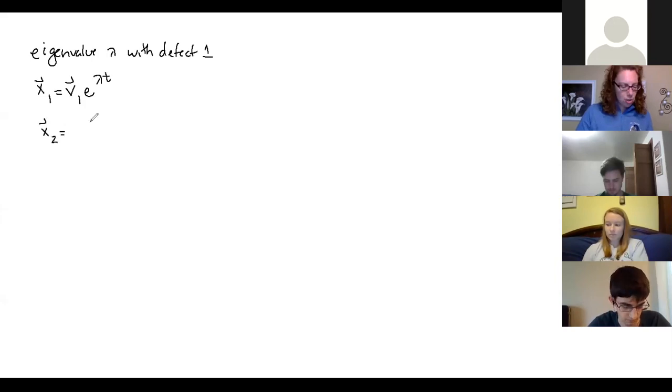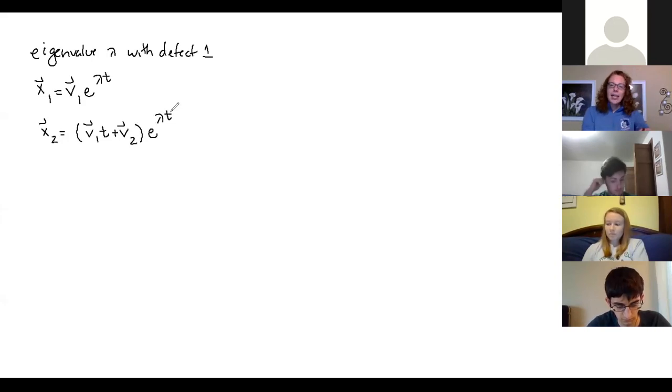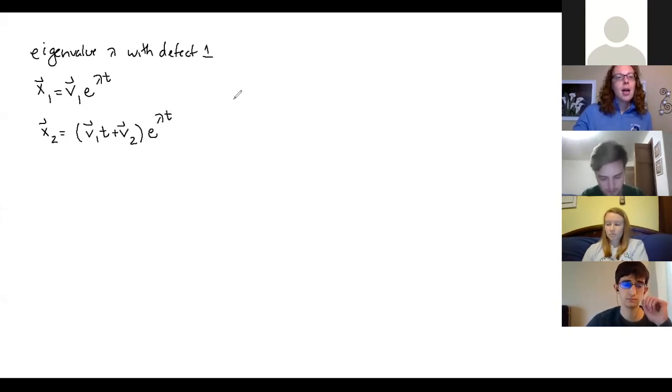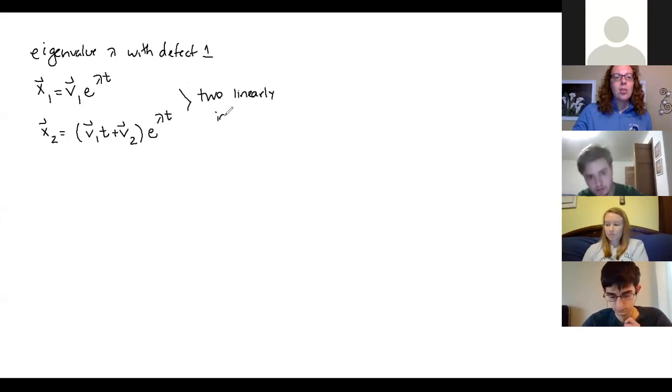Vector x2 is going to be (v1 t plus v2) e to the lambda t. I have to tell you what v1 and v2 are, so hang on just a second. But these are my two linearly independent solutions.